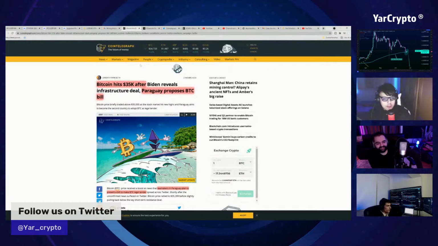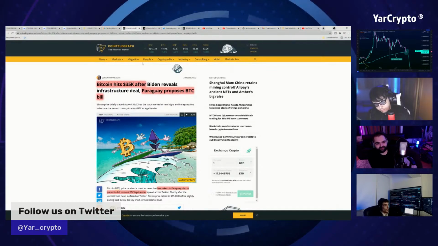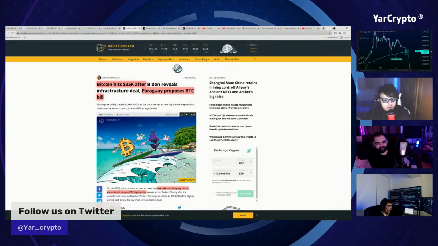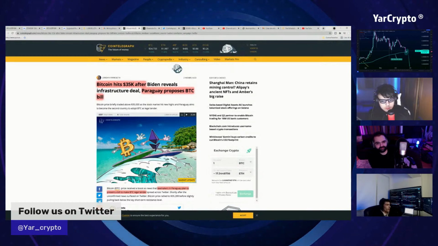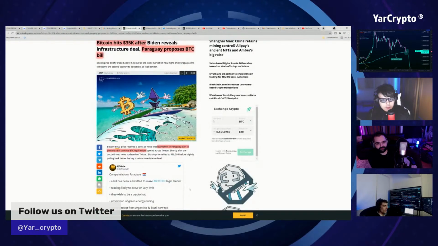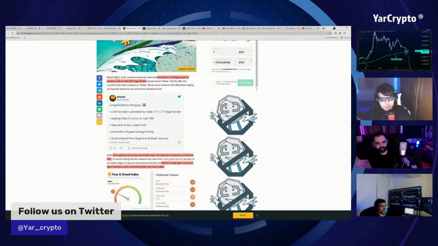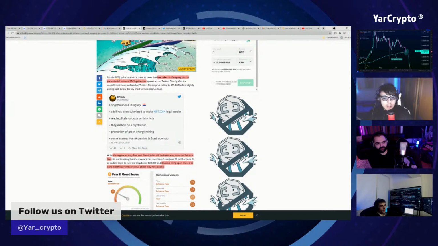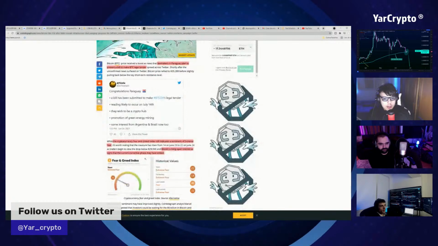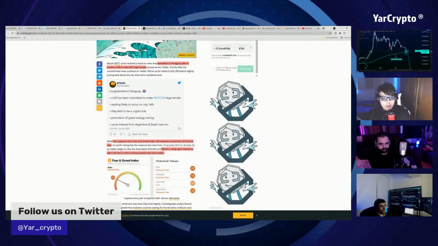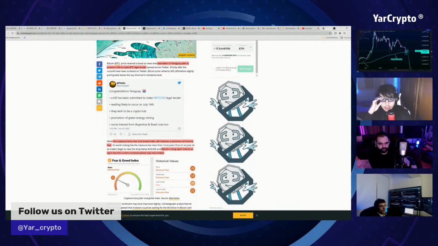Sorry, I cut you off there. I was going to say, have we got a time frame for when they're looking at putting this in place, from the article you're reading? Well, I don't think so. This tweet here from this person says they might do it around July 14th, but I don't know if it's a set date.